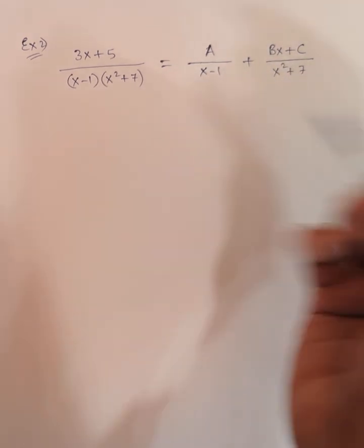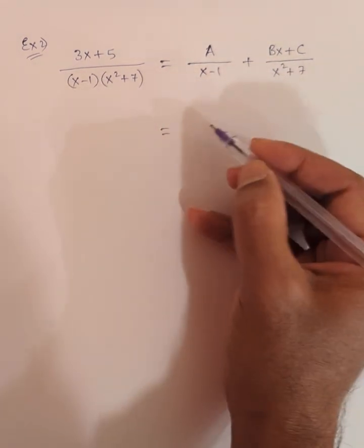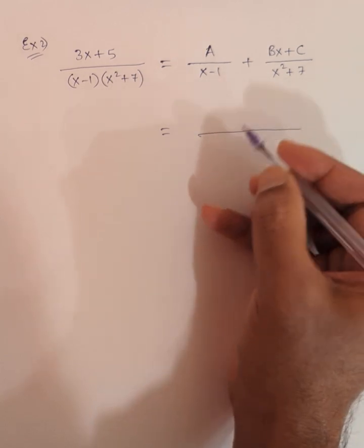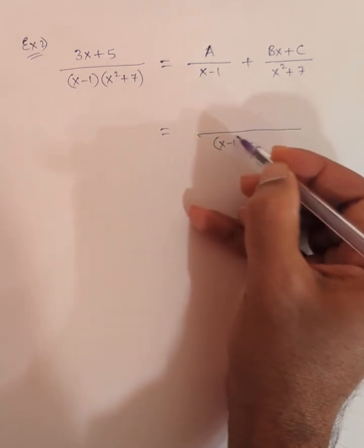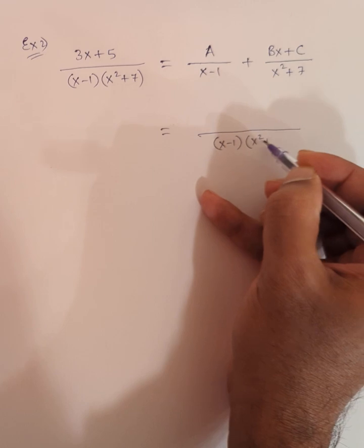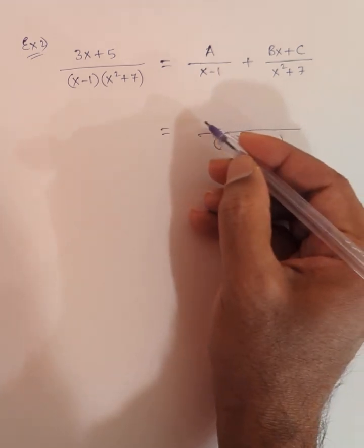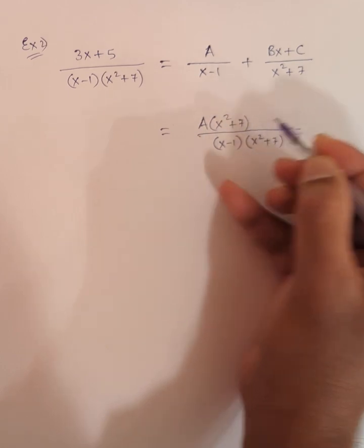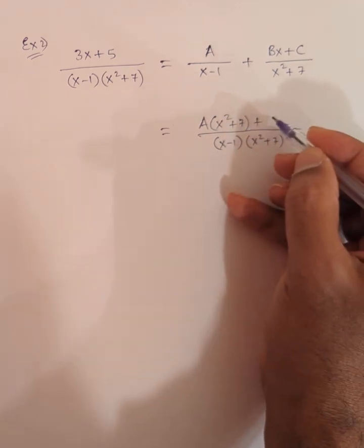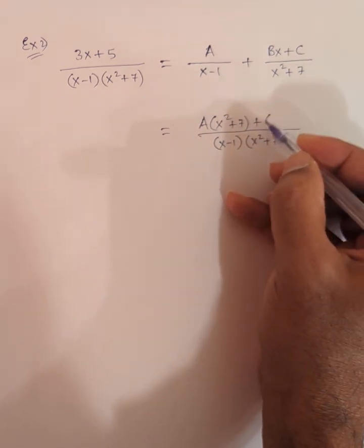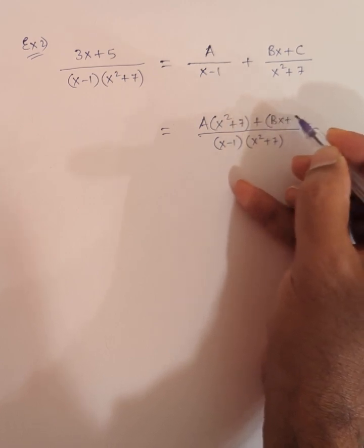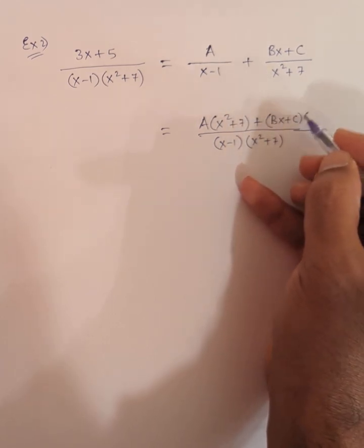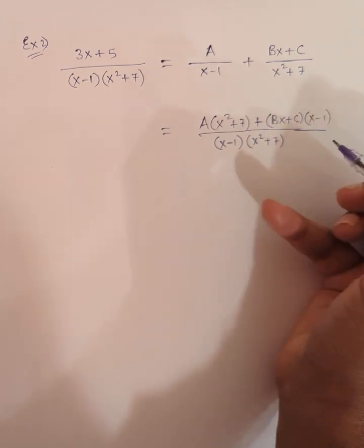So now I'm going to combine or simplify the right side. I get x minus 1, x squared plus 7, and then I have a times x squared plus 7 plus the numerator, bx plus c this time, multiplied with x minus 1.